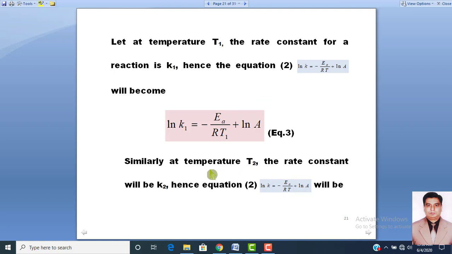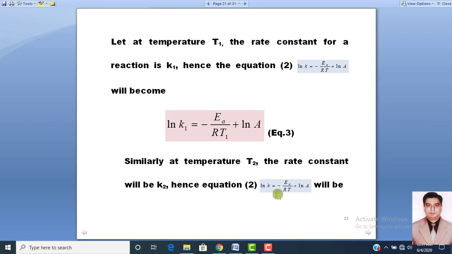Dear students, we suppose that if we have a temperature T1, then the rate constant for this reaction is K1. So if we write equation number 2 with reference to temperature T1, ln K1 is equal to minus Ea over RT1 plus ln A. Similarly, if the temperature is T2, then the rate constant will be K2.